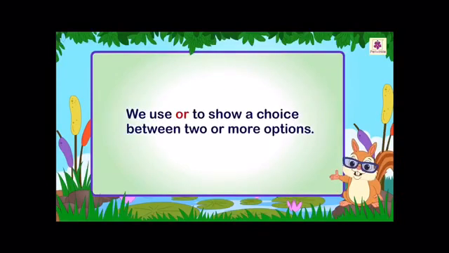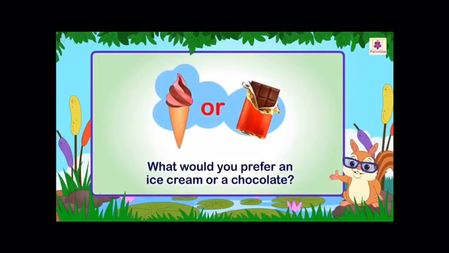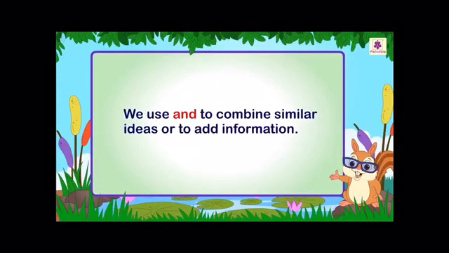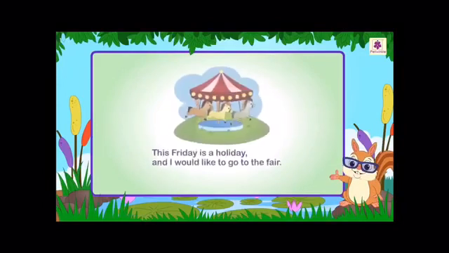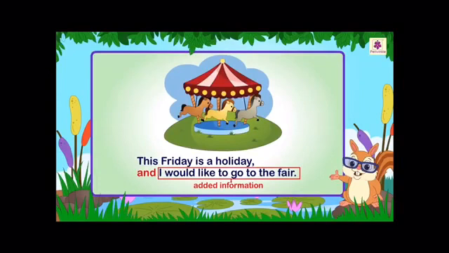We use or to show a choice between two or more options. For example, what would you prefer, an ice cream or a chocolate? We use and to combine similar ideas or to add information. For example, this Friday is a holiday and I would like to go to the fair.